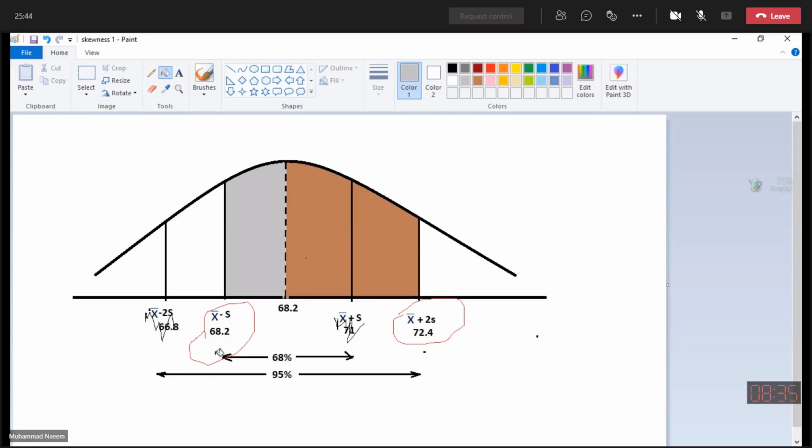As we know, a one standard deviation interval contains 68% of the data, so this gray shaded part is 68 by 2. And we also know that a two standard deviation interval contains 95% of the data, so the right half of this interval is 95 by 2%. So this is our answer.